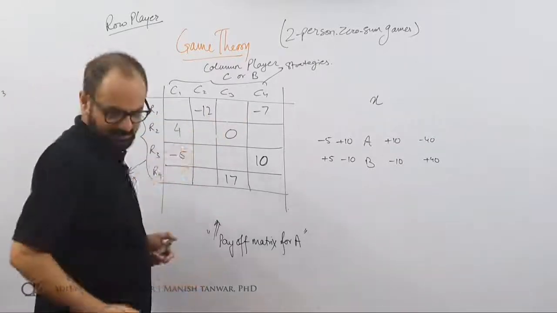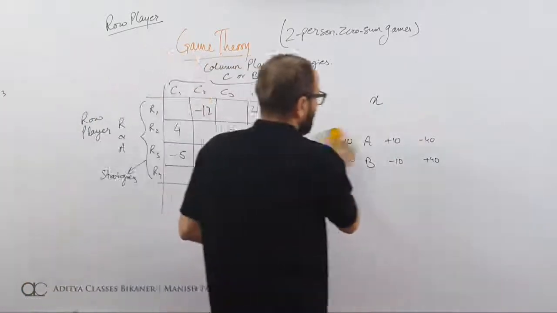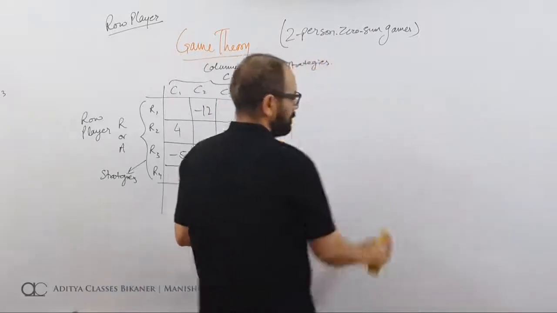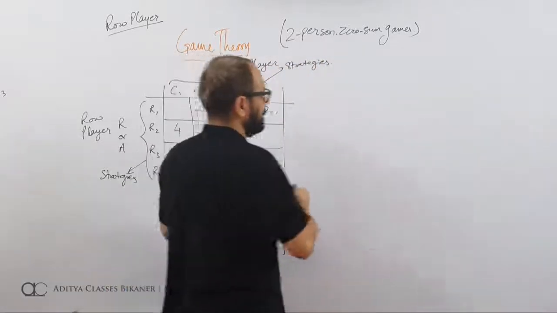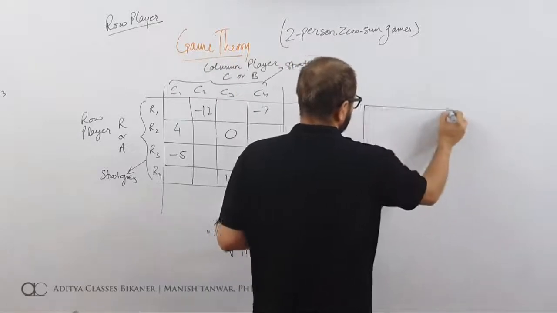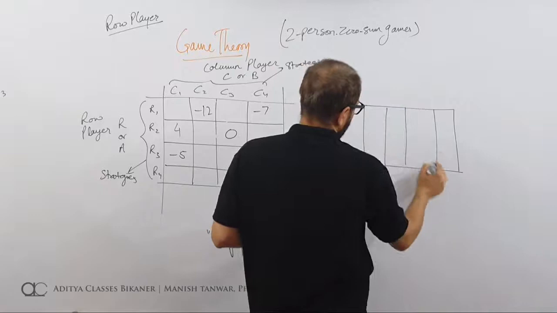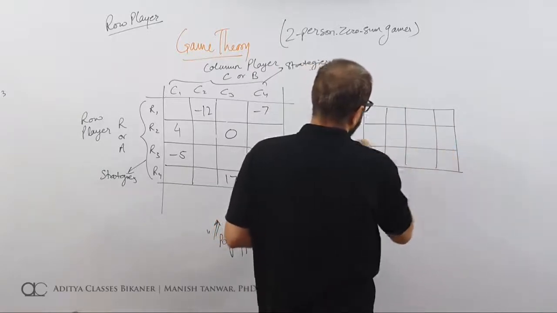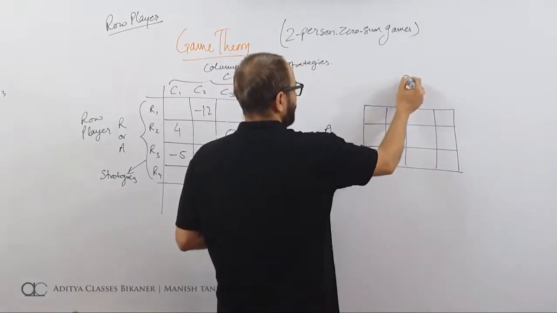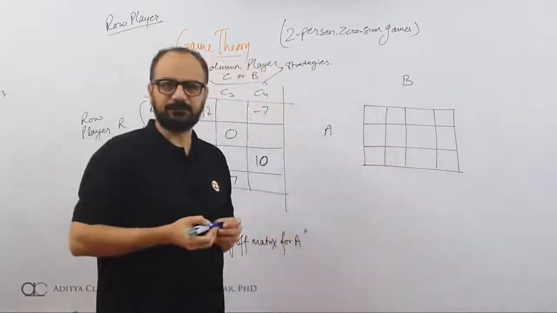Now what are these strategies? These might be a little bit confusing when we are first talking of this. So we'll take an example. We have a row player, we have a column player.